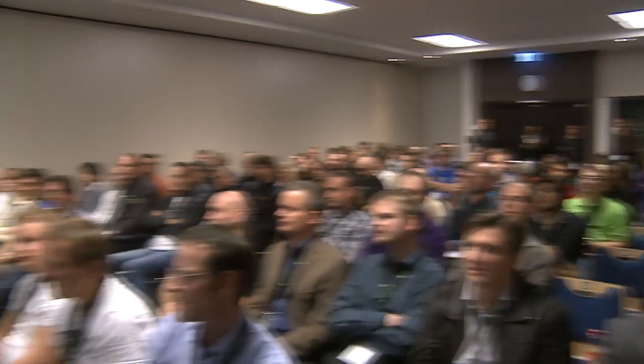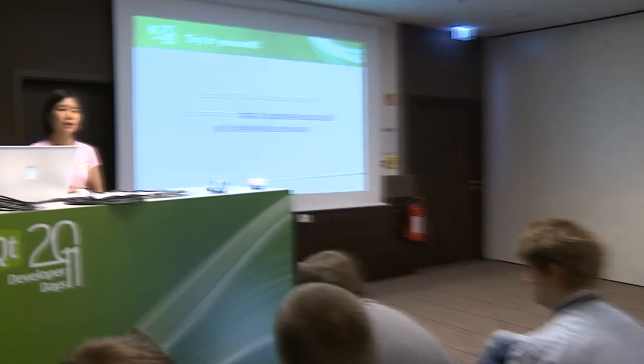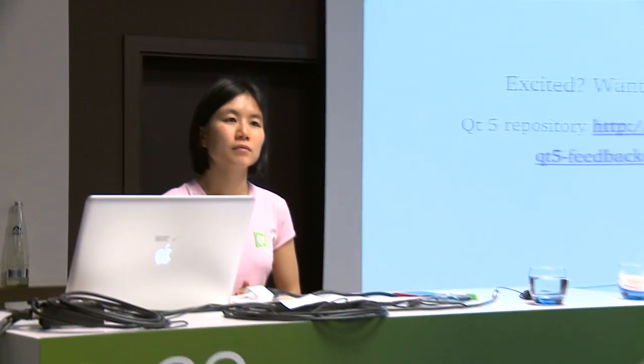A question at the back. Is the Canvas API using the software rasterizer, or the hardware rasterizer? It's using the scene graph directly. There's no extra layer in between. Okay, so it's directly using OpenGL to draw a line. As far as I'm aware, yeah.